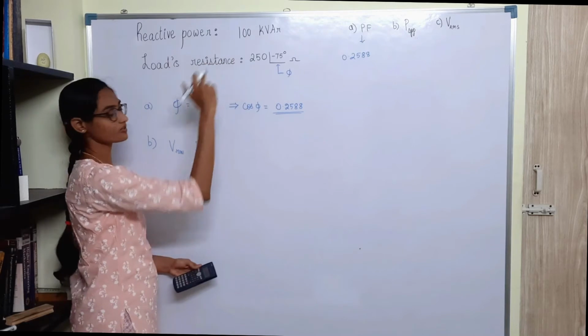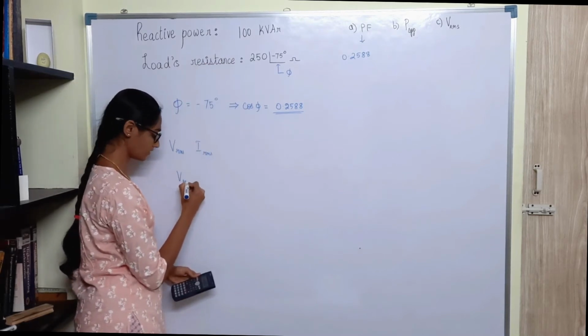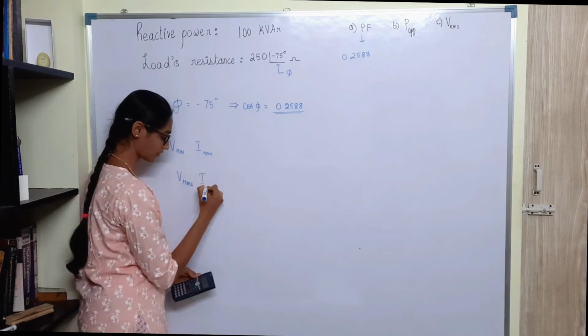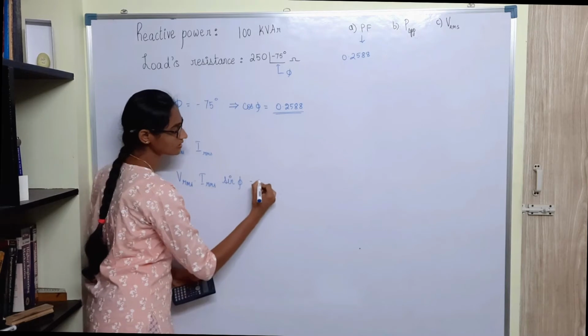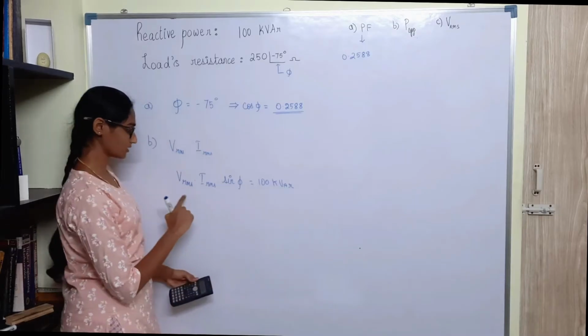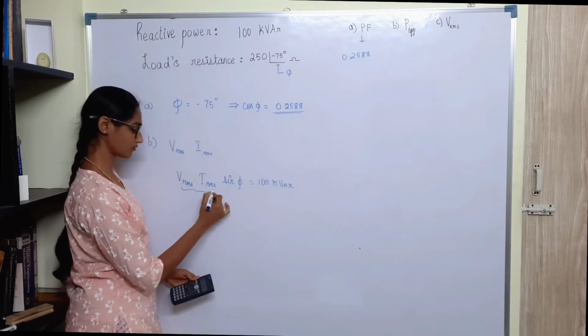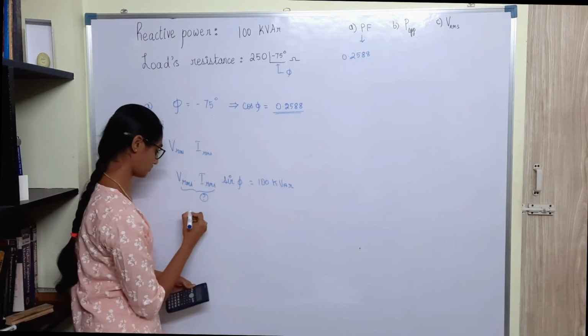We know the reactive power. Reactive power is Vrms times Irms times sin phi, which is 100 kVAr. So we need to find this term alone. We know phi, so we can find sin phi as well.